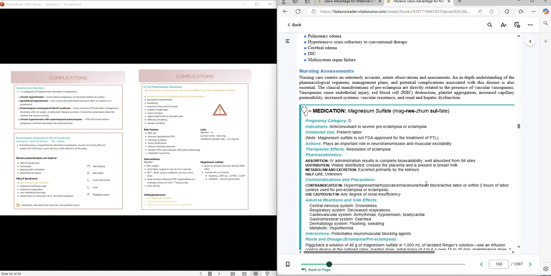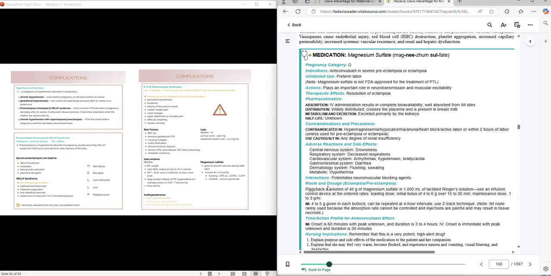And what did I just tell you you need to be checking for? Respiratory rate, right? So an adverse effect, of course, is decreased respirations. So we're listening to her while she's getting her bolus, which is a 4 gram bolus, not 40, and then she gets 1 to 2 or 1 to 3 grams an hour.